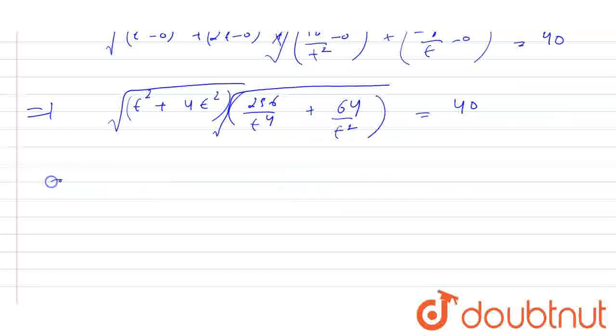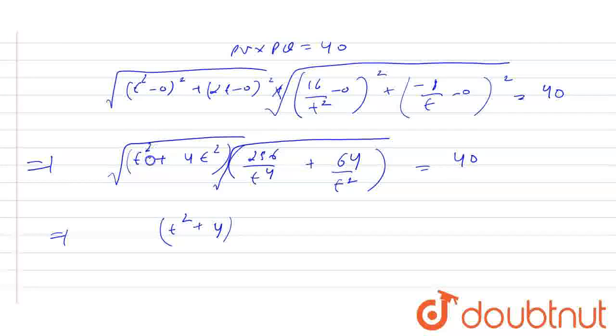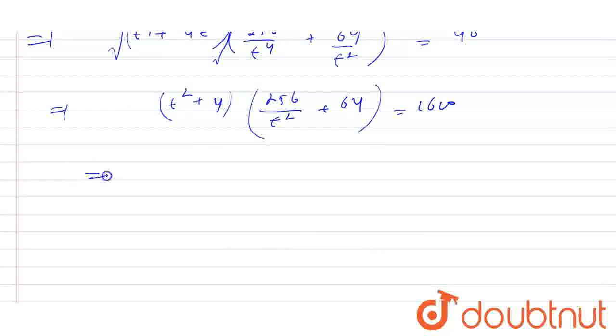Now squaring both the sides, this is t square plus 4 t square, which will also be t power 4. So taking t square common, this t square will be cancelled out. So this is t square plus 4, and this will be 256 upon t square plus 64 is equals to 1600. Now we need to solve this.